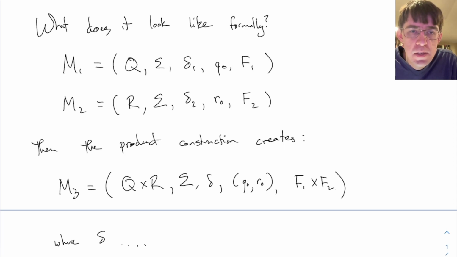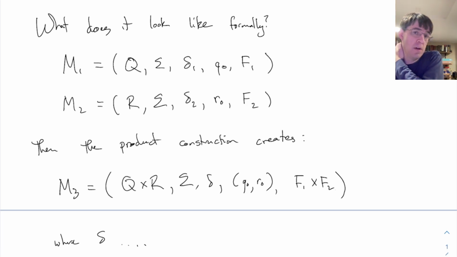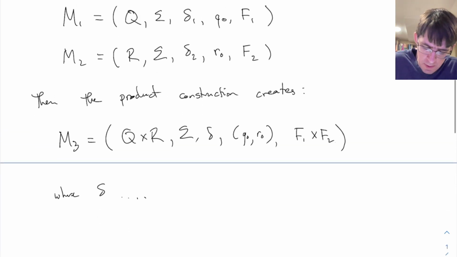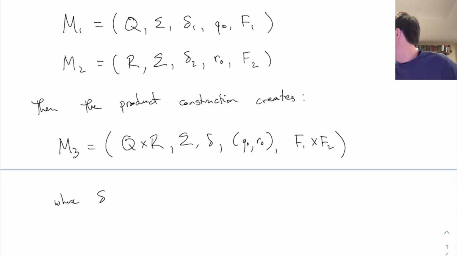Apart from the delta, like I said, which needs to be described more specifically. Any questions about that so far, though? This is an example where describing the thing formally is actually very simple.